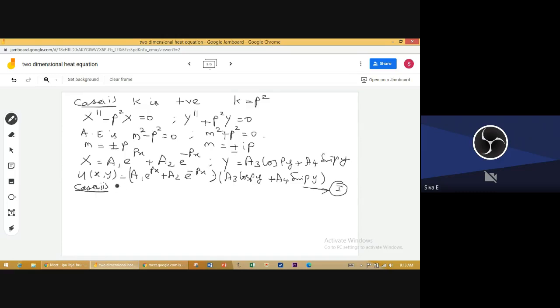We go to case 2. What is case 2 here? In case k is negative, that means k equal to minus p square. p may be positive or negative, but k is always negative.